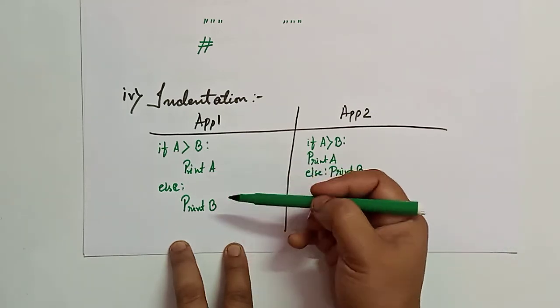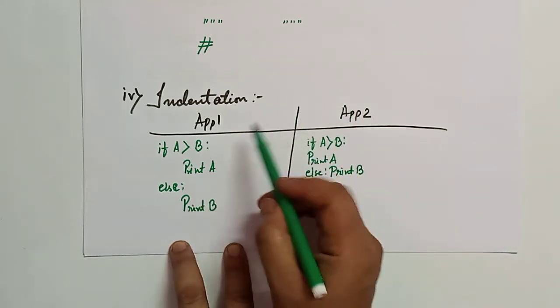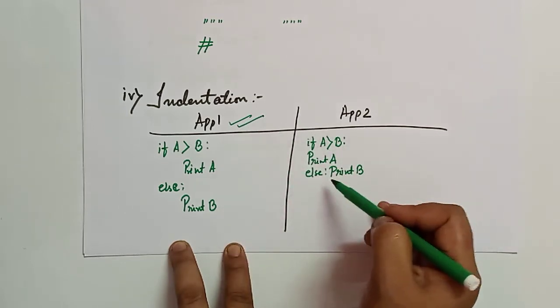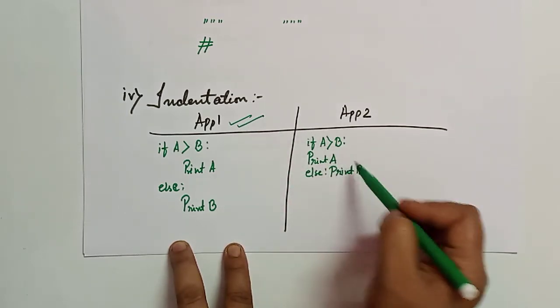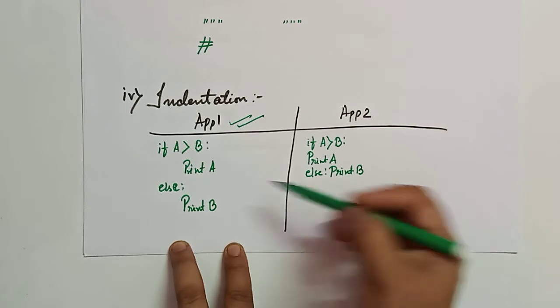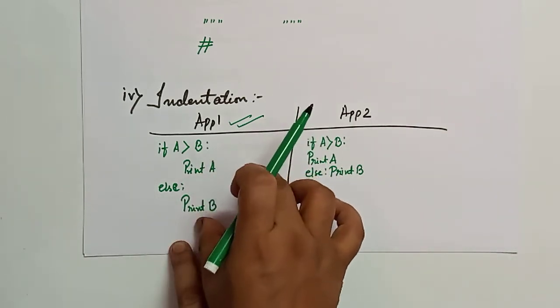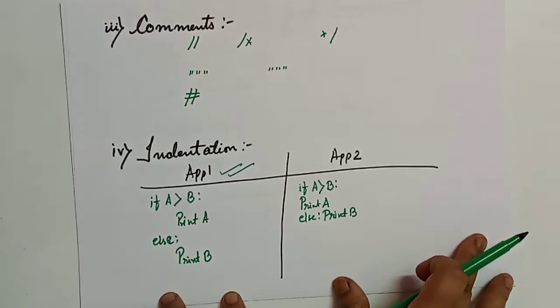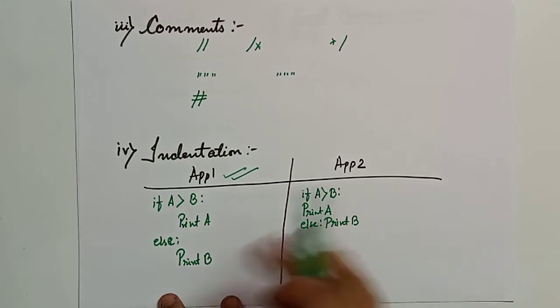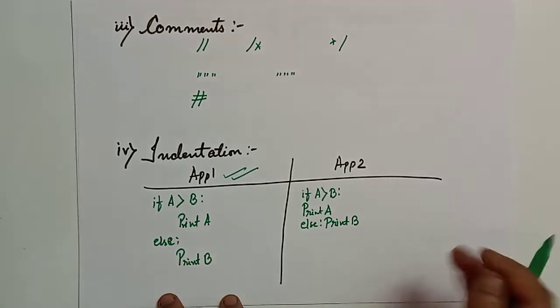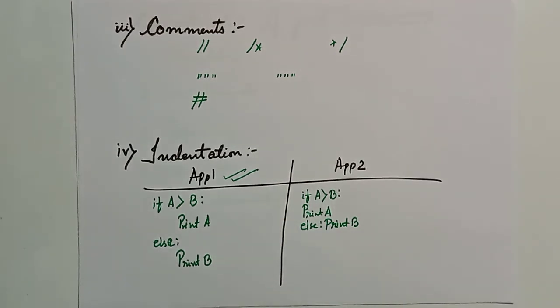You can see the readability of this code is far higher than this. This is very difficult to read and interpret, but at a glance, any other programmer who sees this code will understand it very easily. So this is the purpose of indentation. That's why we provide the leading white space at the beginning of the code, to mention that it is a block.